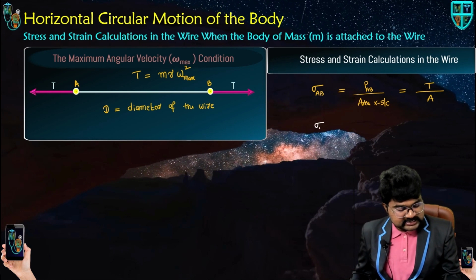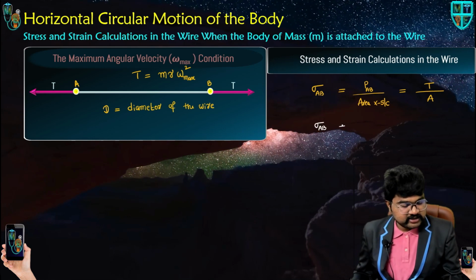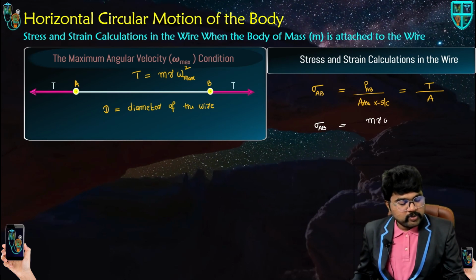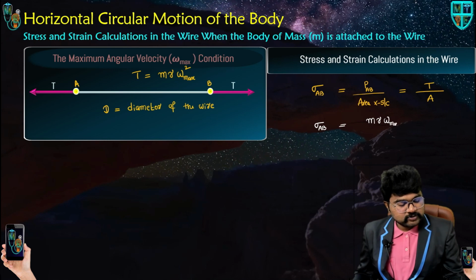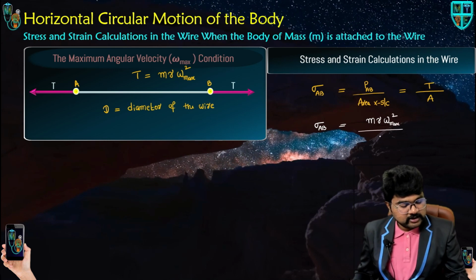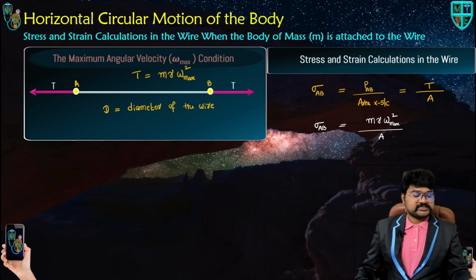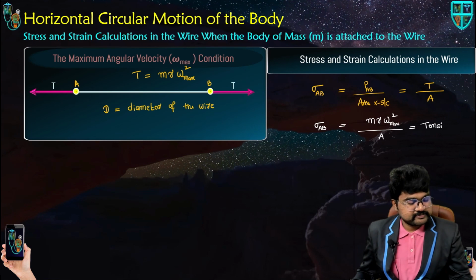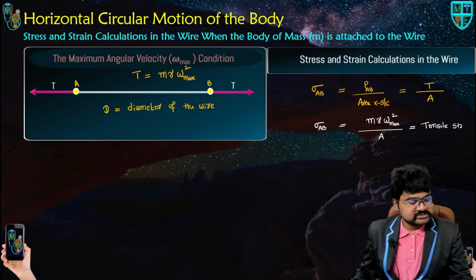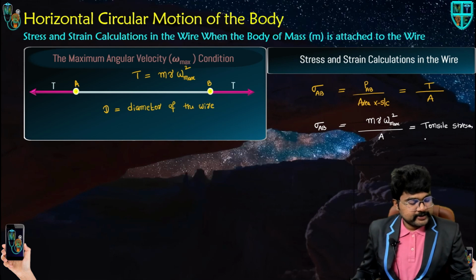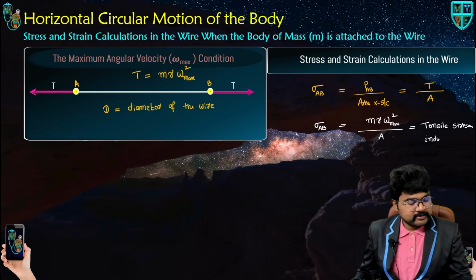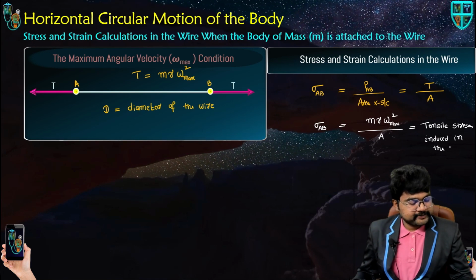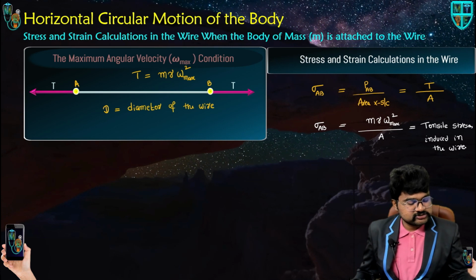A is the area of cross section. Finally, tensile stress induced in the wire is, what is the tension? m r omega maximum square by A. This is the tensile stress induced in the wire.